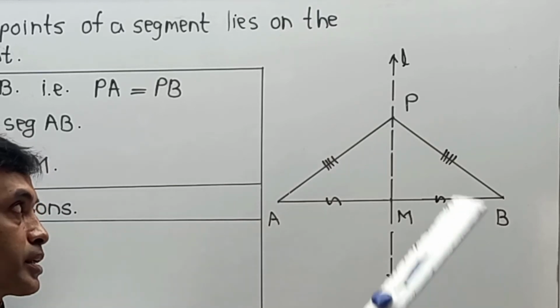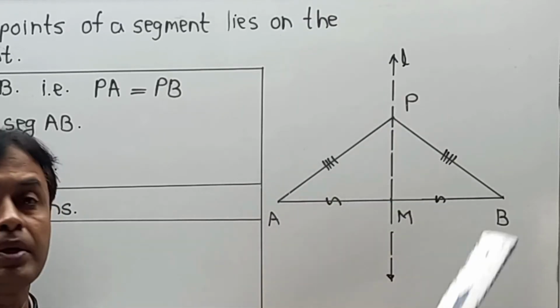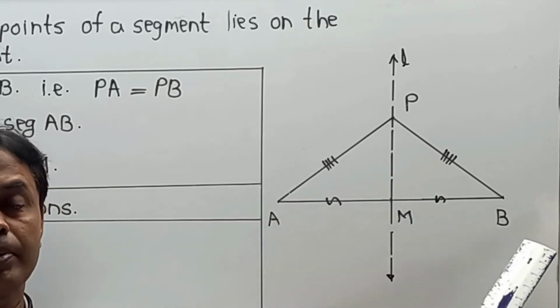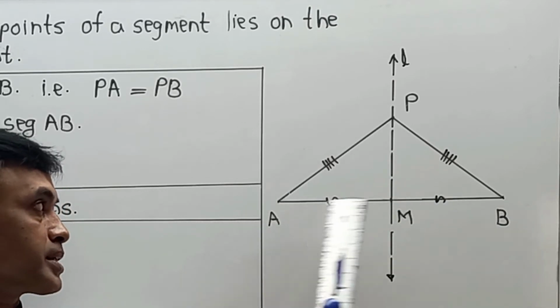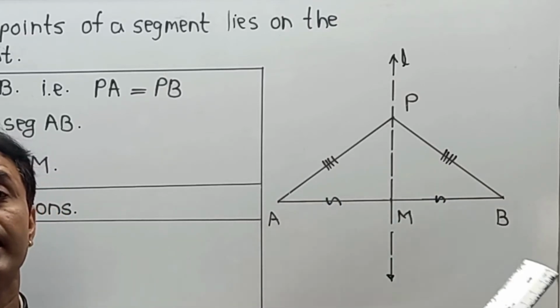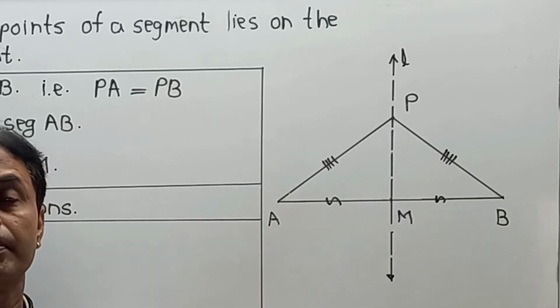That's why pay attention. First, we are going to show that PA congruent to PB, given. Next, as M is the midpoint of AB, then we can have a second statement. Segment AM congruent to segment BM, reason M is the midpoint as a construction. And third, segment PM congruent to segment PM, common side.